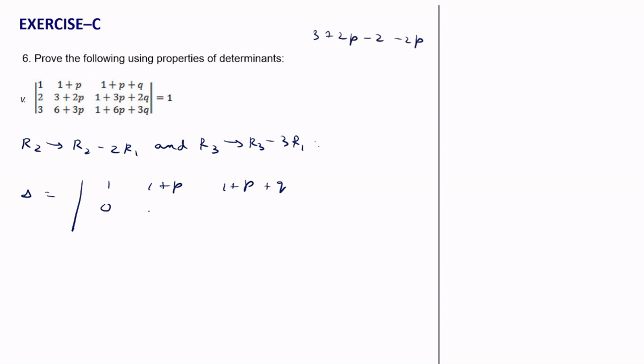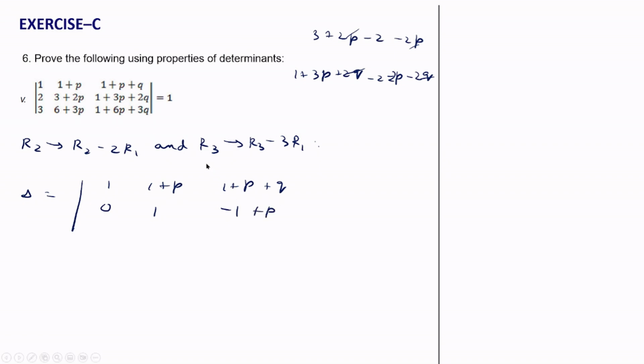So it is 1, and next we have 1 plus 3p plus 2q minus 2 minus p minus 2p minus 2q. So here we will have minus 1 plus p.